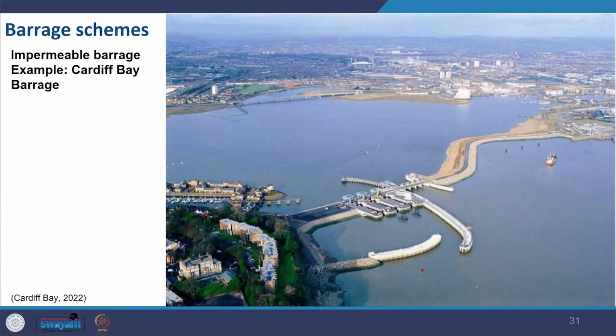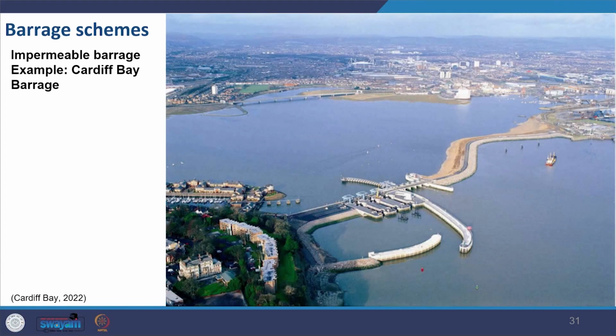On the other hand, Cardiff Bay Barrage is to a certain extent criticized for its environmental impact. It has led to exclusion of tide, especially for amenity purposes like water sports, a consistent view, waterfront development and so on.